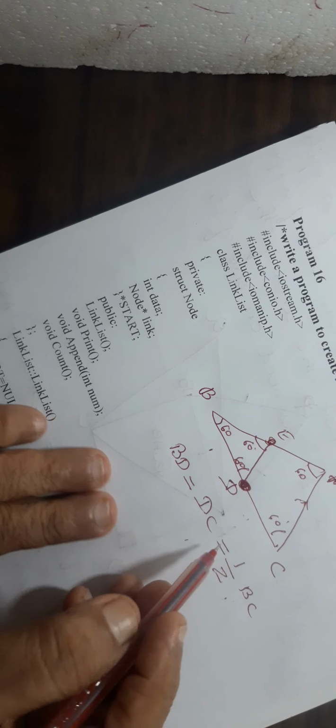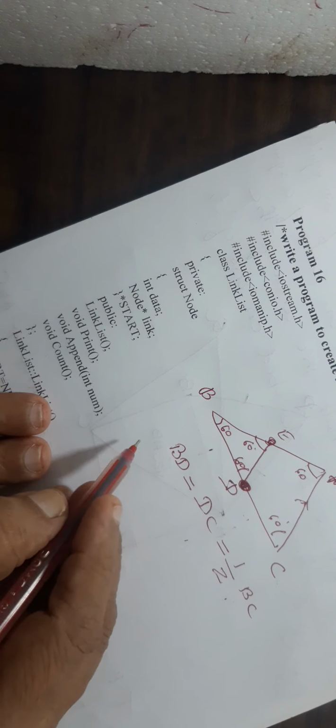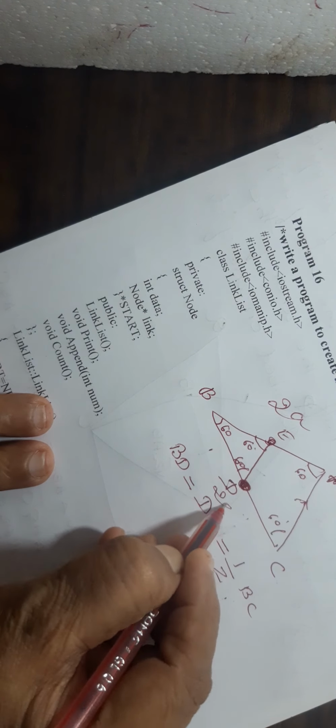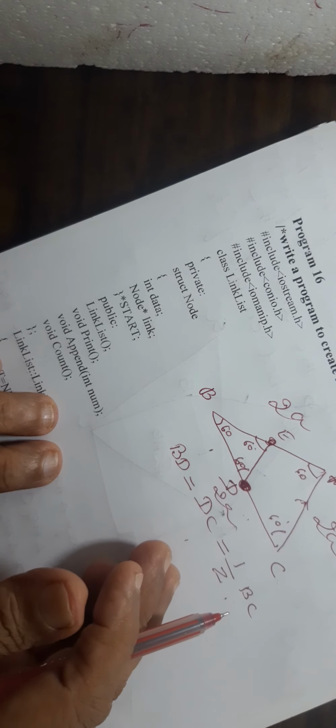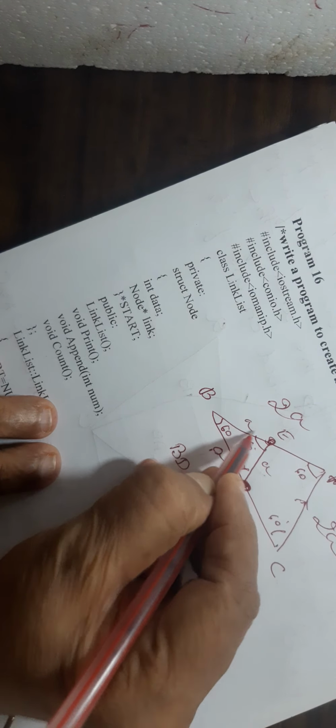Then what they have done is, I think that will be easy also. Let the sides of triangle ABC be 2A. So this is 2A, this is 2A, and this is 2A. Then the sides of triangle BDE will be A. Okay?